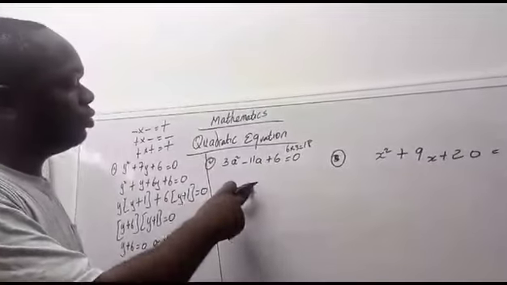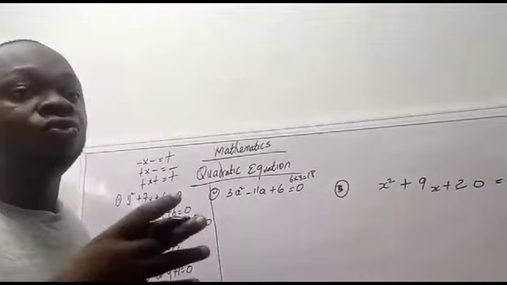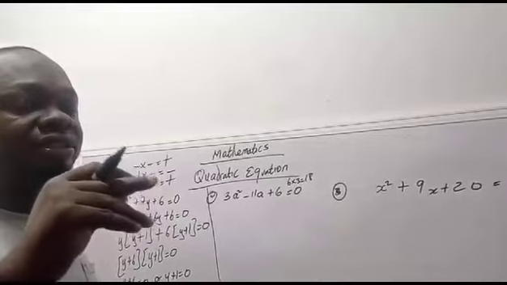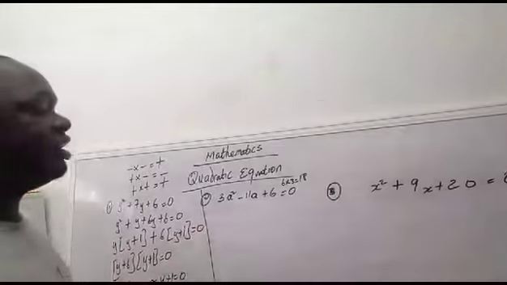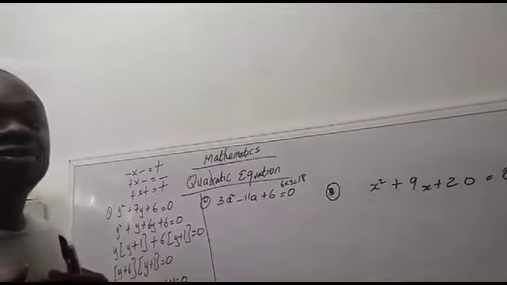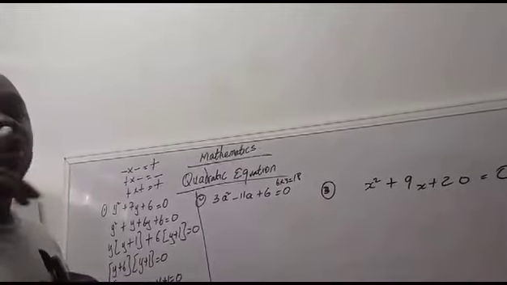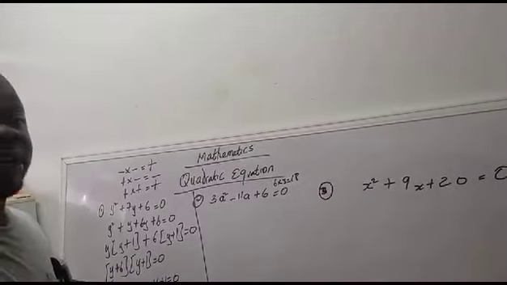Minus 2 minus 9 will give you what? Minus 11. That is, you are owing me 2 naira, and you are owing another person 9 naira. So the money that you owe in total is what? Minus 11 naira.